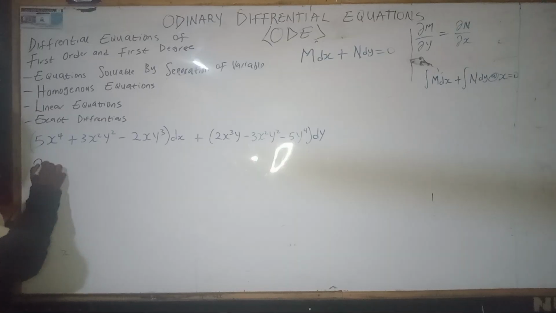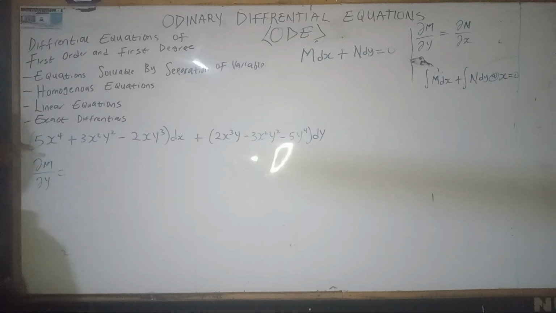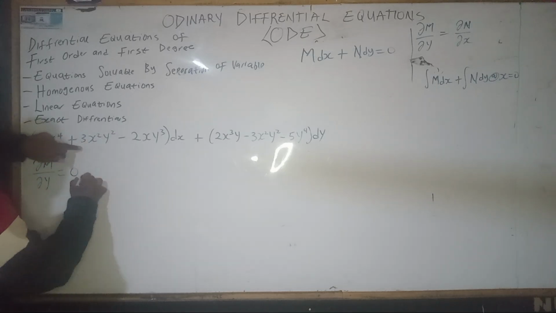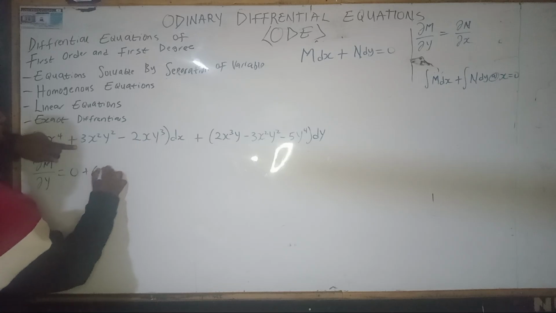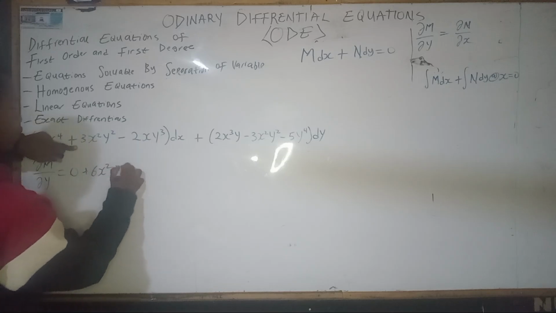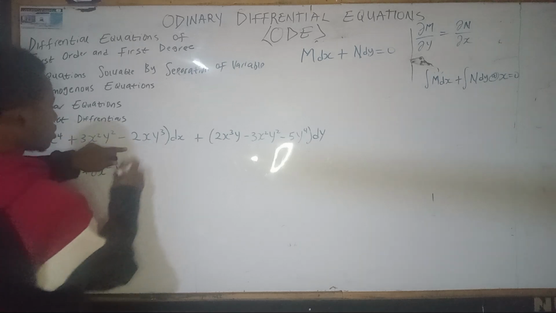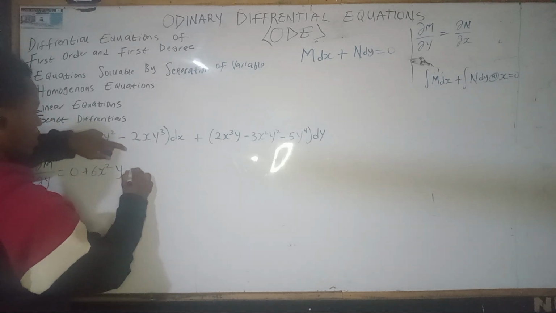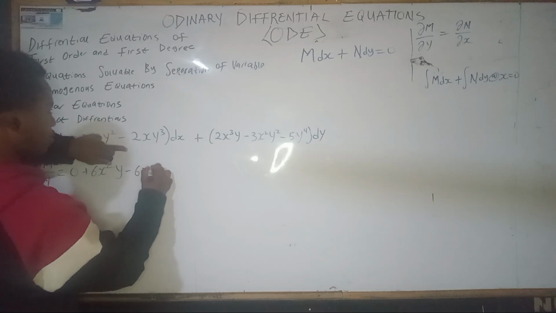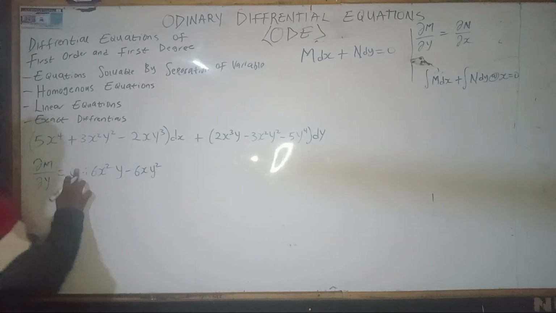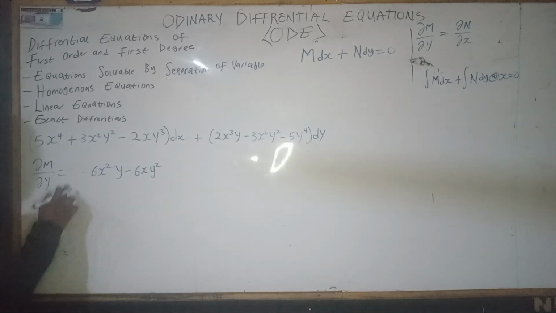So now, if we differentiate with respect to y, this will give us 0. This here will give us plus 6x squared y, and this here is going to give us minus 6xy squared. That is on differentiating M. Let's remove this out here.